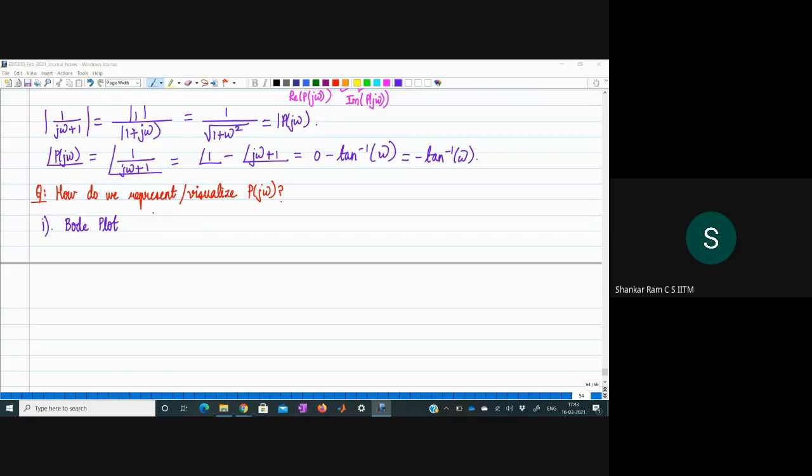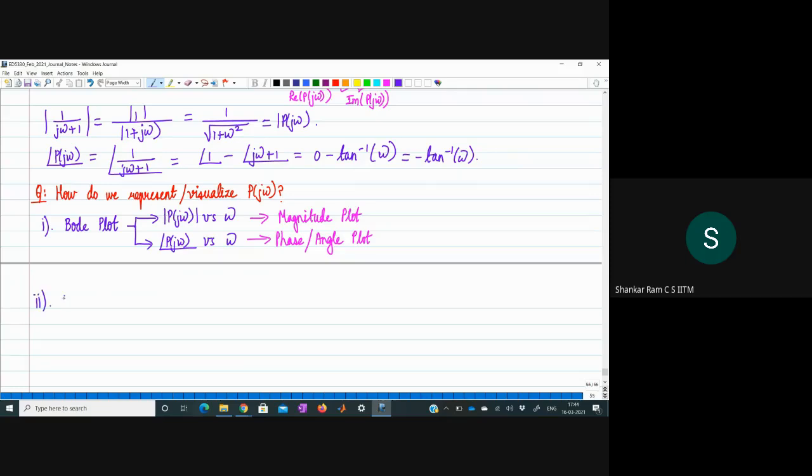In the Bode plot, we plot the magnitude of P of j omega versus omega, and the phase of P of j omega versus omega, as two separate plots. This is what is called the magnitude plot, and this is what is called the phase plot or the angle plot. So the Bode plot will have two subplots, wherein in one subfigure we plot the magnitude of P of j omega versus omega and in the other the phase of P of j omega versus omega.